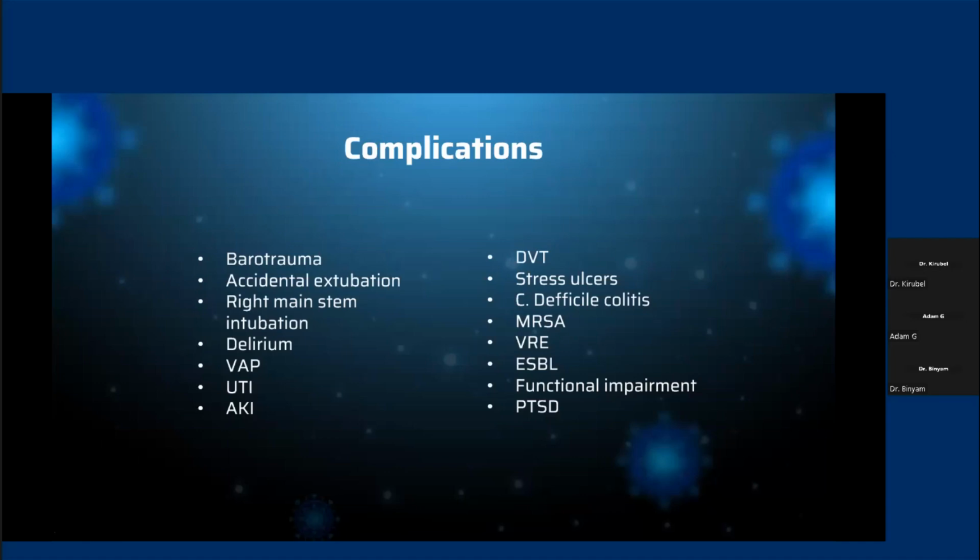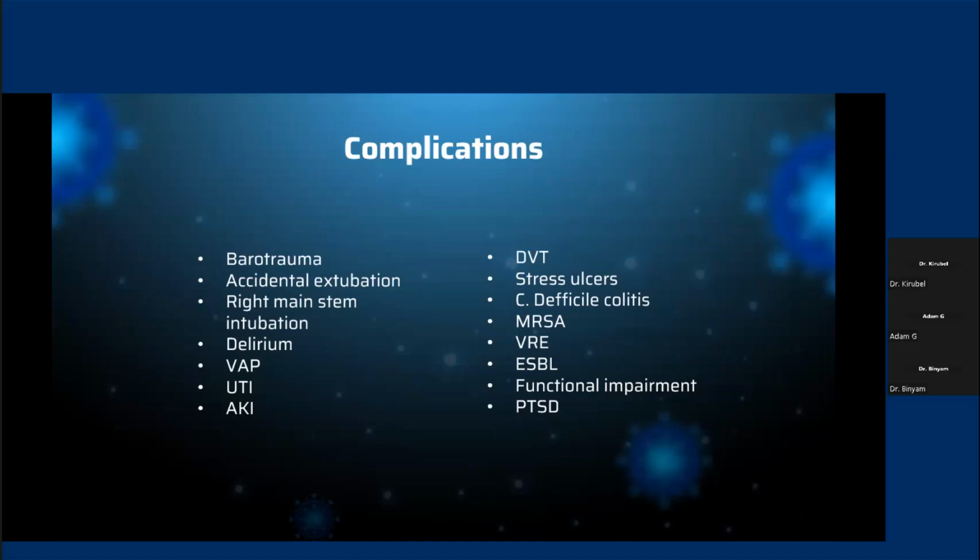The patient will be irritable and anxious, so they will be eager to extubate themselves, so they should be sedated well. And also right mainstem intubation, especially if the person is not experienced in intubating this patient.